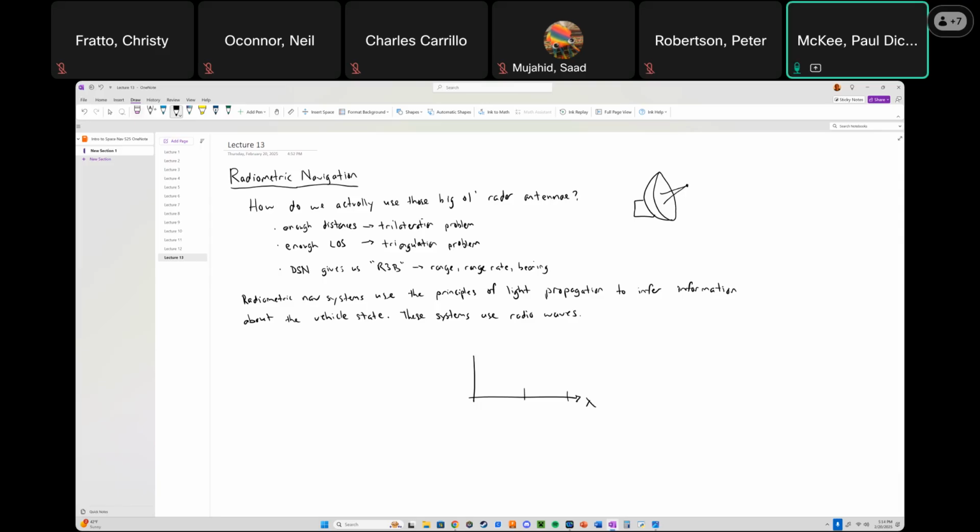Sorry, this is a poor visual aid, but radio waves are largely unaffected by Earth's atmosphere, so we can send them up and down just fine. They're still affected, and we do need to take that into account. But other types of radiation are blocked pretty effectively by the atmosphere, which is great, because if we didn't have things blocking cosmic rays, we would all die. But it makes them difficult to use for navigation. So radio waves are in this nice sweet spot.